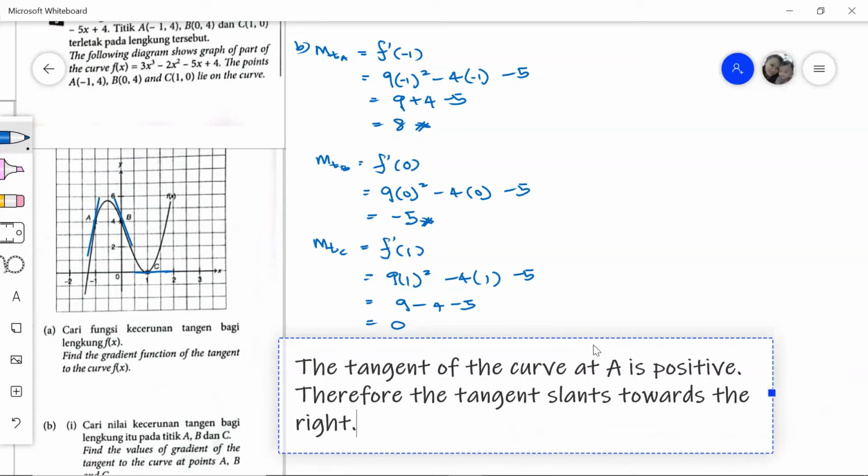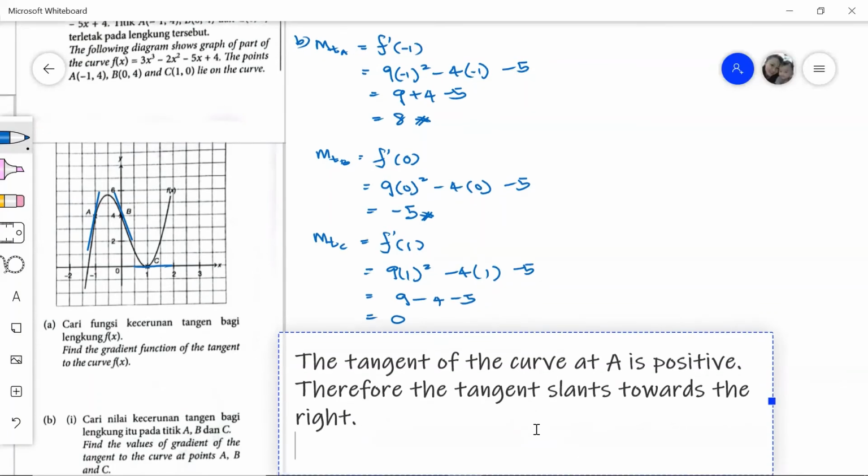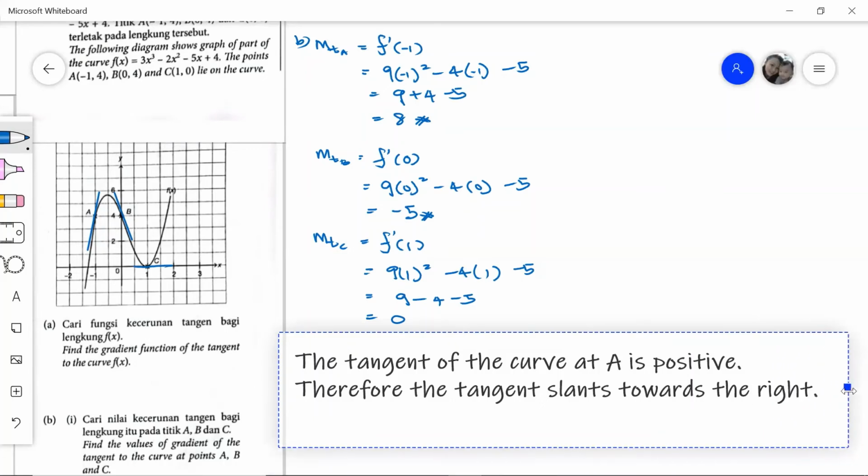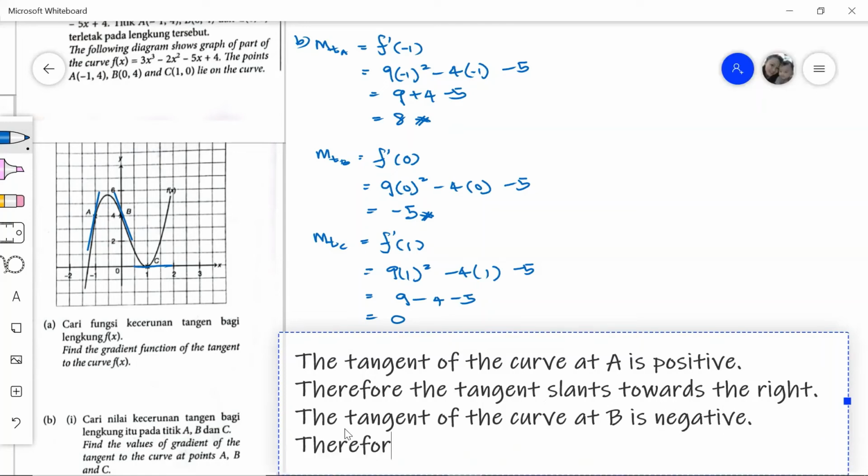Whereas the tangent of the curve at B is negative. Therefore, the tangent slants towards the left.